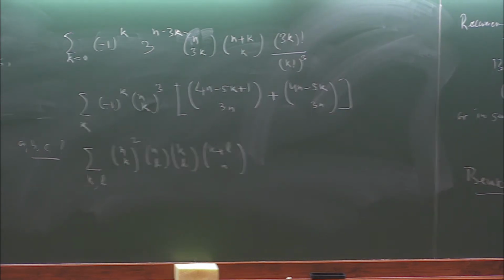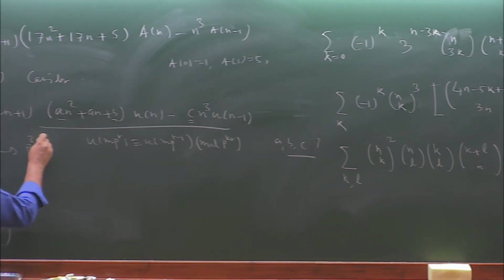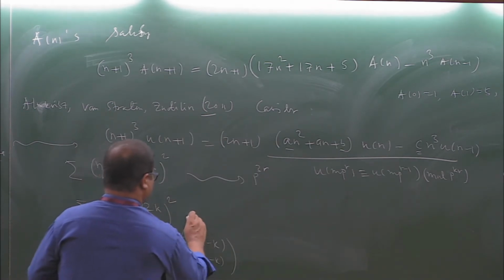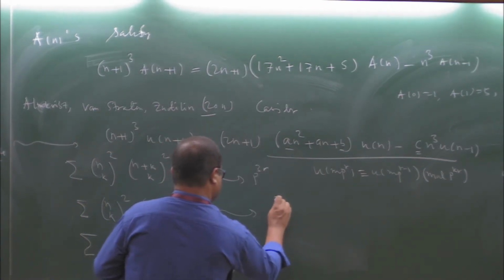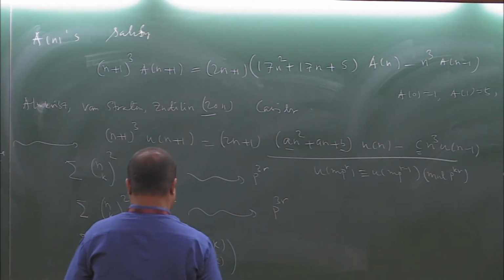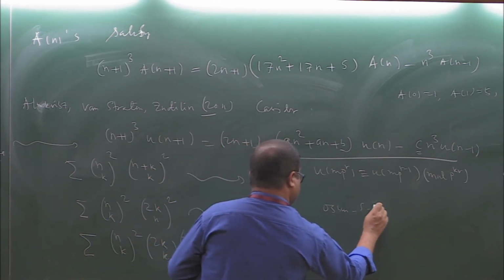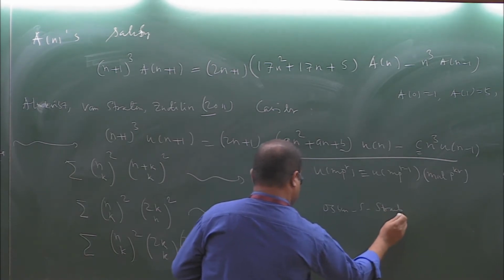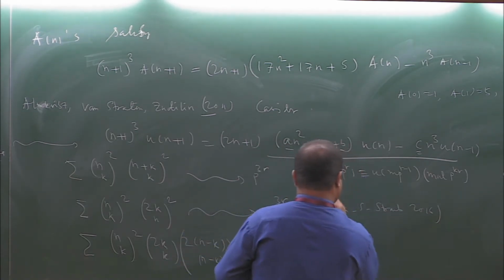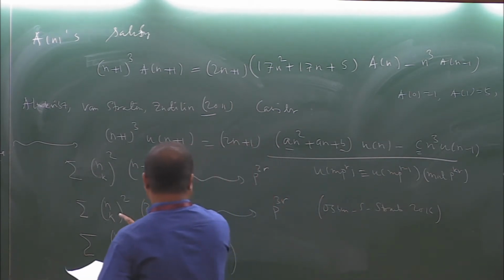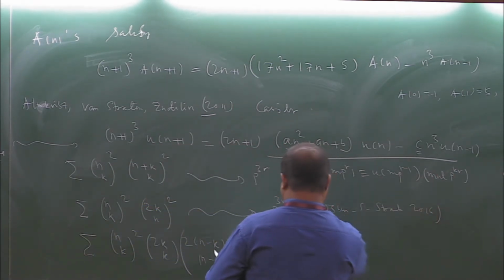So this was true for p to the power 3r, proved by Coster, and we were able to prove that this is also true for p to the power 3r, by Osburn, myself and Straub in 2016, that this kind of congruence is true for this particular sequence modulo p to the power 3r.